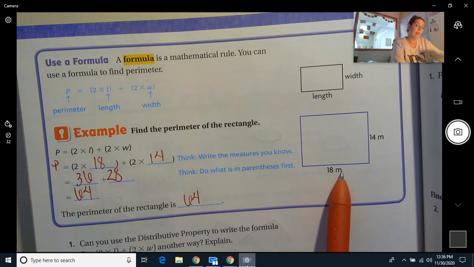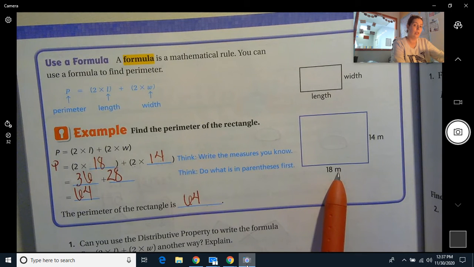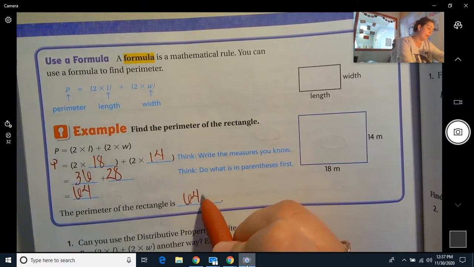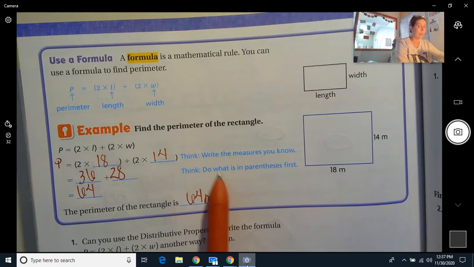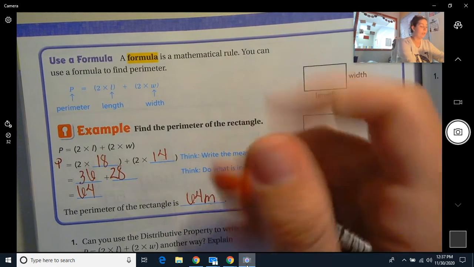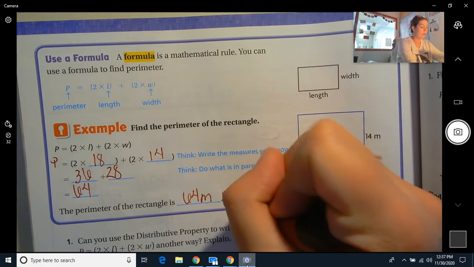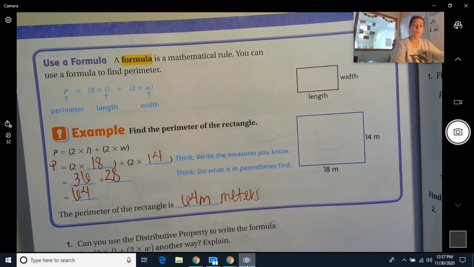What is this that I'm pointing at? It's an M, so it's not going to be feet. Do you know what M stands for? Meters. Good job. 64 meters. Okay, that's how this would be a complete answer, or you could even spell out meters. Just like that. Okay.